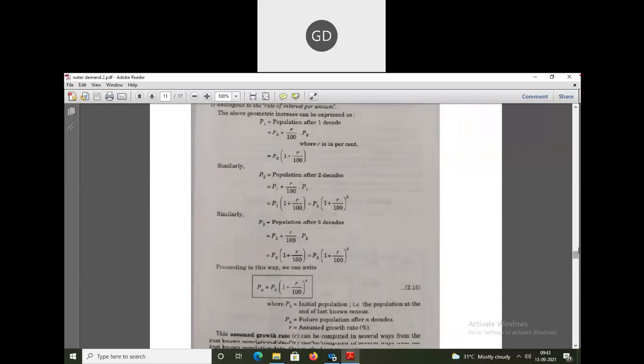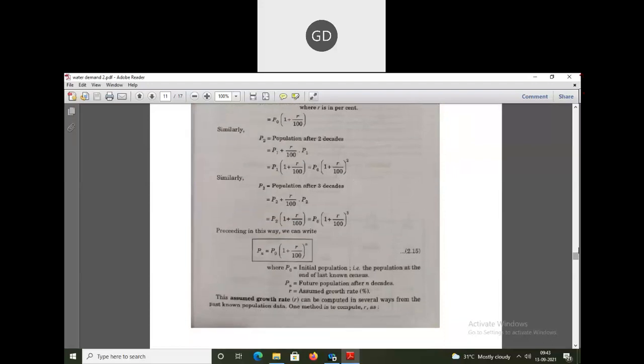Like the arithmetic increase method, here also we have one formula, and it is a similar kind of formula: Pn is equal to P naught into (1 plus R by 100) to the power n.